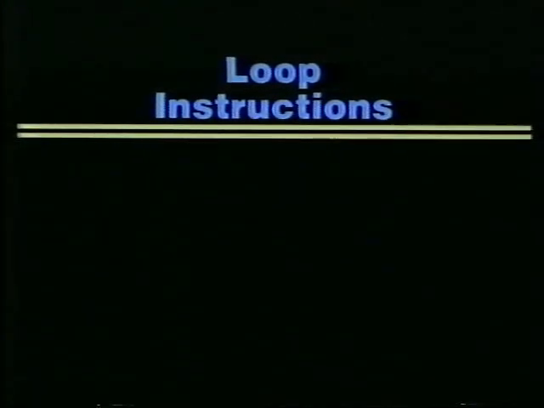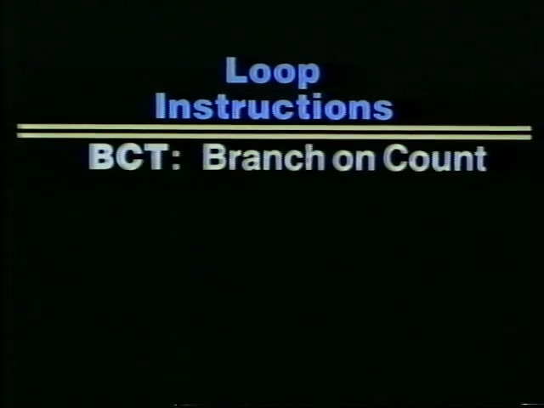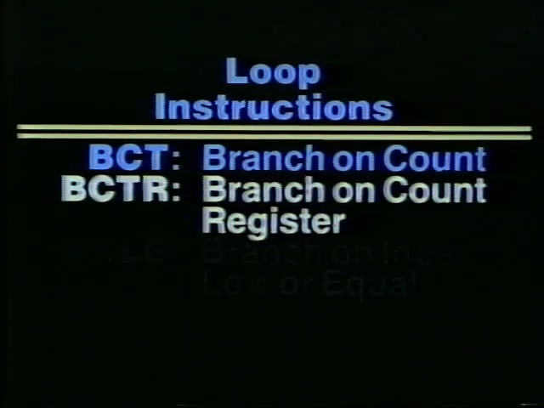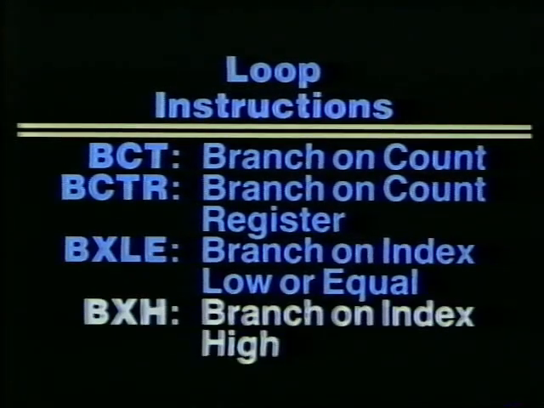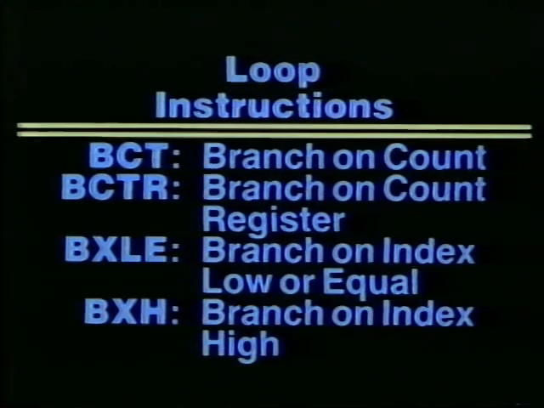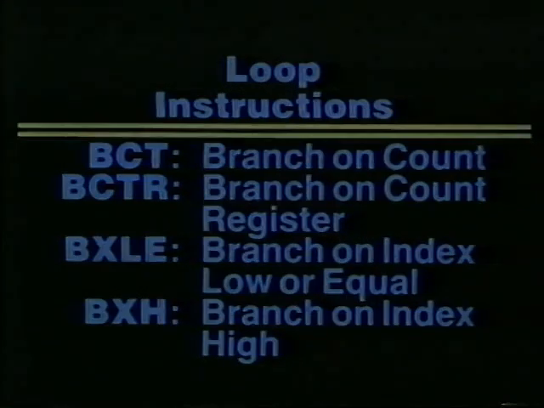But System 370 assembler language provides you with 4 special instructions especially for loops. Branch on count, branch on count register, branch on index low or equal, and branch on index high. We'll look at each of them in this video.